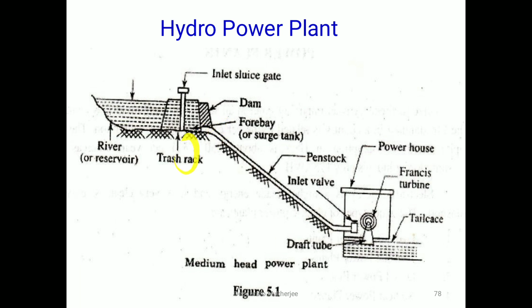This is a trash rack. The penstock, through which pressurized water flows, rotates the turbine over here. And this is a turbine, Francis turbine, with a coupled generator, which helps the generator to produce electricity.